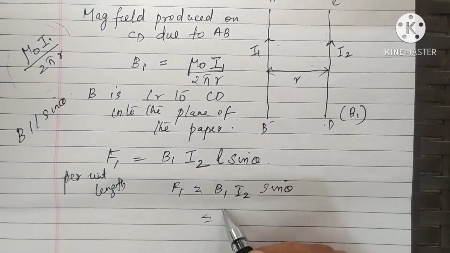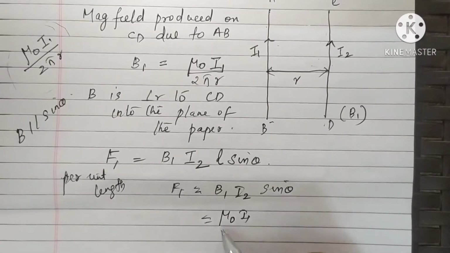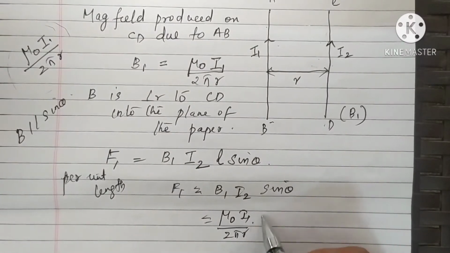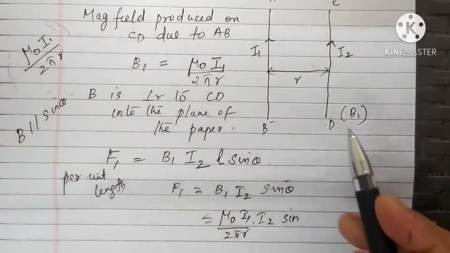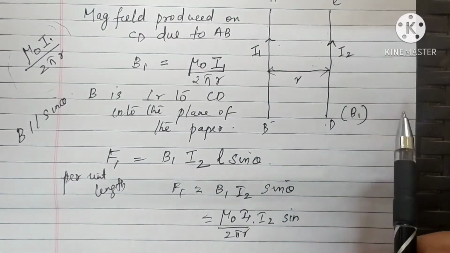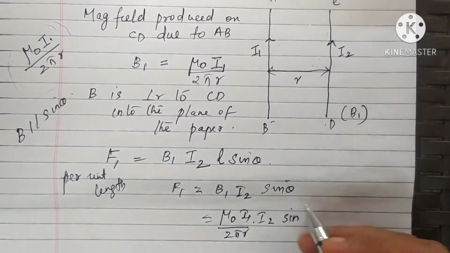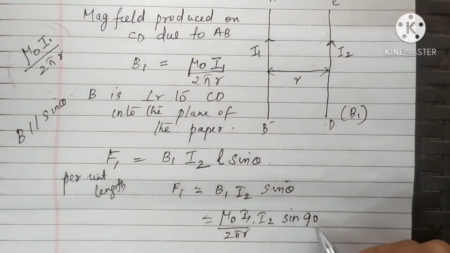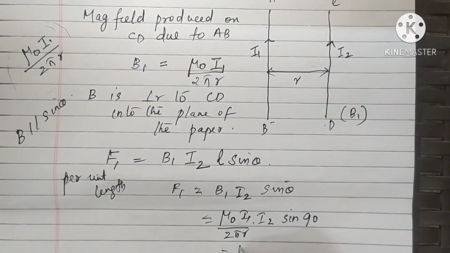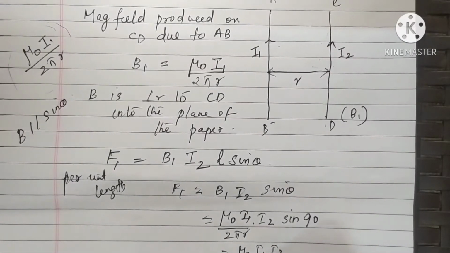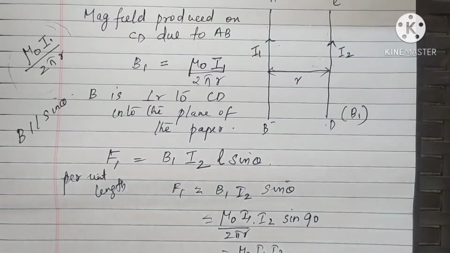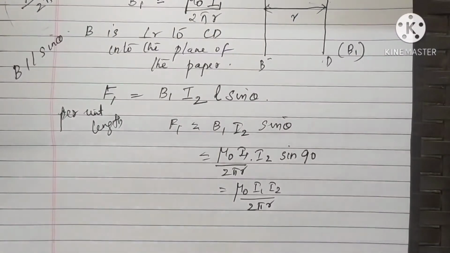So you can substitute the value mu 0 I1 by 2 pi r into I2. And what about the direction? Yes, the current and magnetic field are perpendicular to each other, so you can write it as sine 90. So the value is mu 0 I1 I2 divided by 2 pi r. Clear?